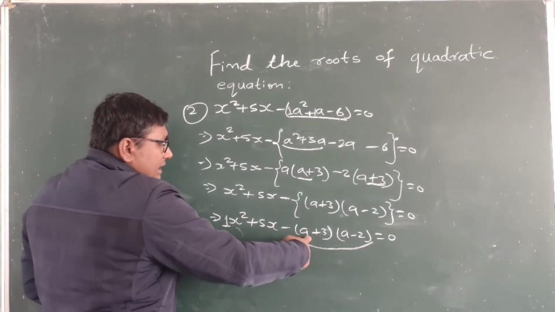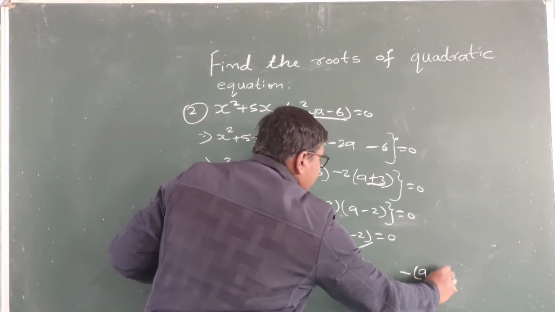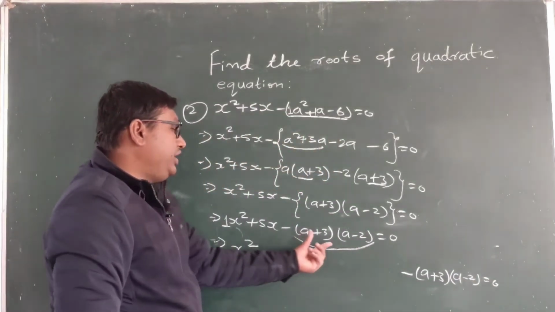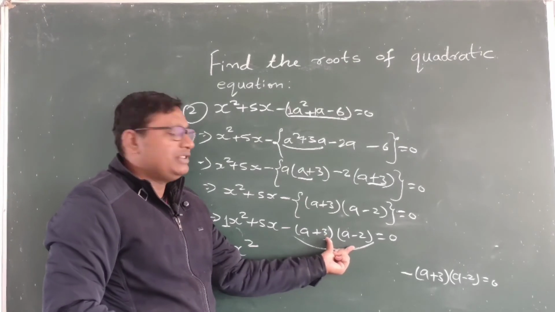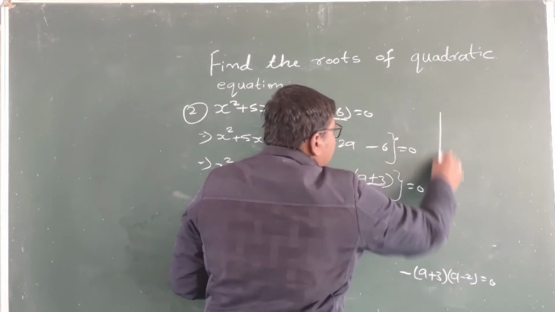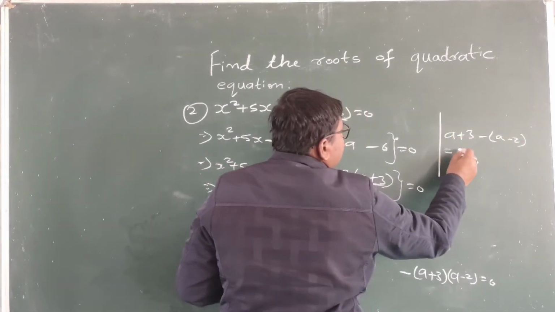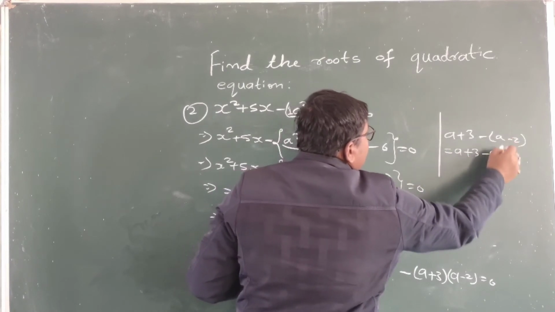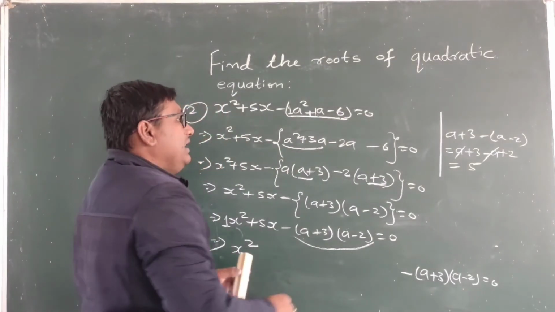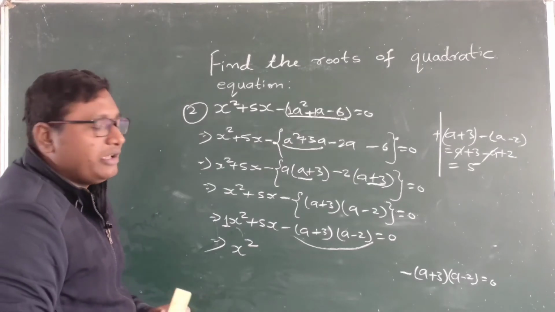Again, the first term and last term remain the same. Whether we add or subtract, we should be getting 5. Directly, when we subtract these two terms, minus minus will be plus, a will be cancelled, and we will get plus 5. So plus will be in a plus 3 and minus will be in a minus 2.